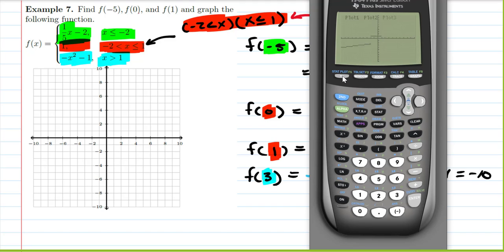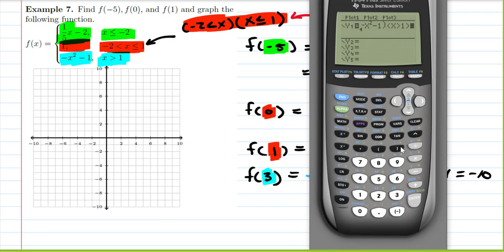So we press our y equals again, and I'm going to scroll all the way to the end of this. So there's my next rule. So I do plus again, parenthesis, and my blue rule is -x squared, take away 1, close my parentheses, open my parentheses, and my domain is x, second math to get my test menu, x is greater than 1.